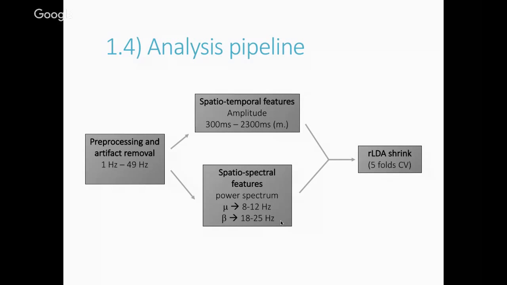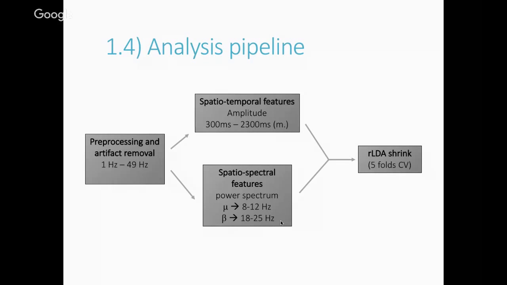After the data was preliminarily pre-processed with artifact removal and filtering between 1 and 49 hertz, I combined the temporal features and the spectral features without any modifications, only considering the amplitude between 300 milliseconds and 2 seconds, where the amplitude is more discriminative, and integrating the power band in both mu and beta frequency bands, where the motor imagery appears.